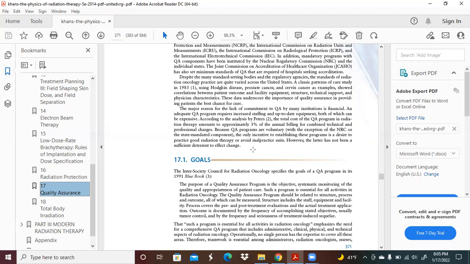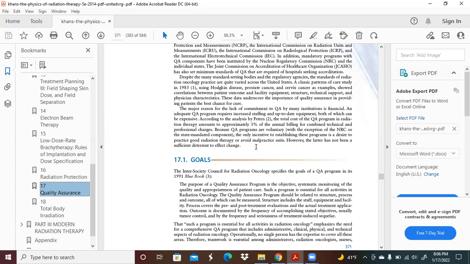And once you start delivering plans that are going to cause a problem, particularly one that you're not monitoring, that is a great way to get a lawyer involved and to make sure that your clinic will never recover from a potential lawsuit. So a lot of times the QA process is there to make sure that the ship doesn't sink. It may bog things down, it may take a little bit of time, but that's why it's there. It's to protect everybody.